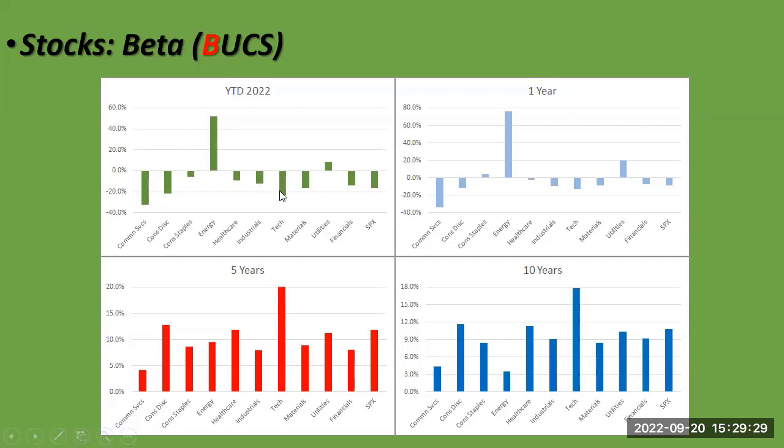Tech was down dramatically, but that's partly because tech was in the eye of the storm. We'll talk about growth stocks and how they did. Consumer services, that's down. Why? Because the biggest stock in that one is what? Facebook. How did Facebook do this year? So Facebook is driving that number. Consumer discretionary is down more than consumer staples. That makes sense. Healthcare.